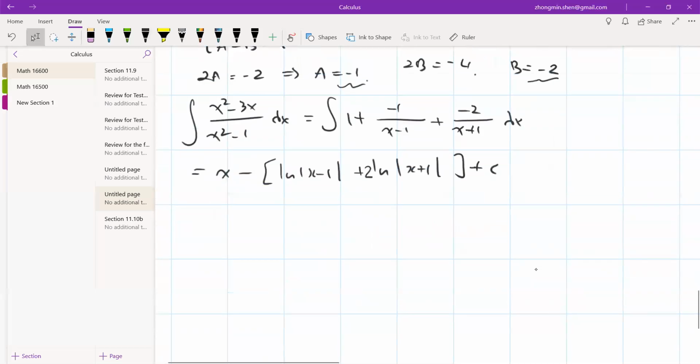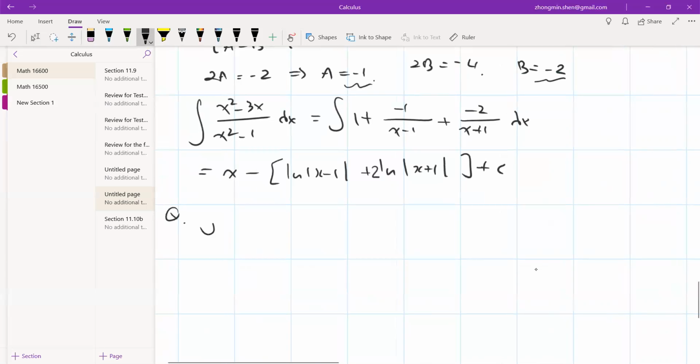So this is a problem, and another typical problem we want to discuss is the integral of cosine 2x and sine x dx.